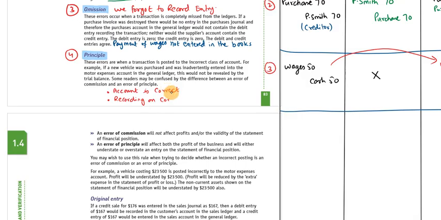It means debit should be recorded on debit and credit should be recorded on credit. The wrong part is this: we wrongly classify the account. The class of account is wrong.